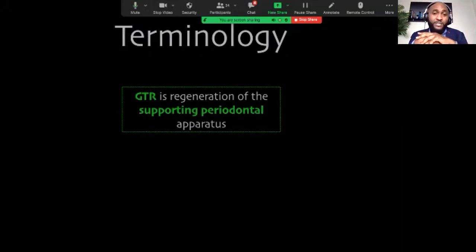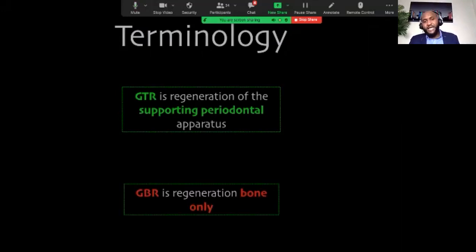Remember, this includes the alveolar bone, the PDL, and cementum. Yet, in guided bone regeneration, our only intention is to regenerate bone. So it's important that you distinguish guided tissue regeneration from guided bone regeneration.